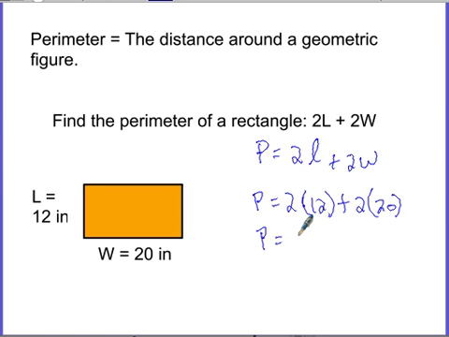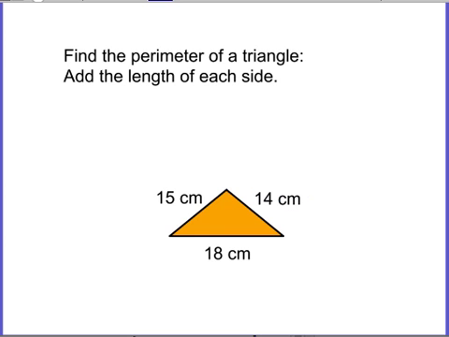Perimeter equals 2 times 12 is 24, plus 2 times 20 is 40. And then perimeter equals 64, right? 64 what? Inches. Thank you. Do not forget labels. All right, pretty simple. But just that formula maybe is what you're not used to with finding the perimeter. So we'll come back to that formula in just a minute.